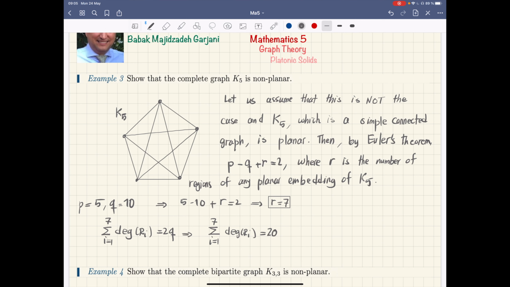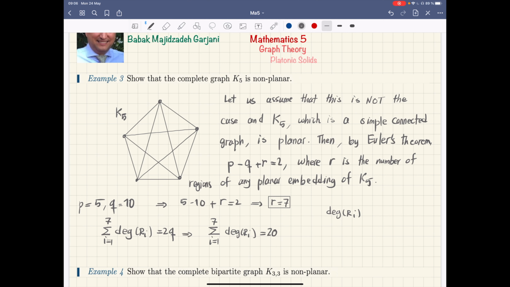Do you agree? But now tell me, there is a limit for each degree of regions. In this simple graph, which is loop-free and not a multigraph, can you tell me what is the degree of each region at least?